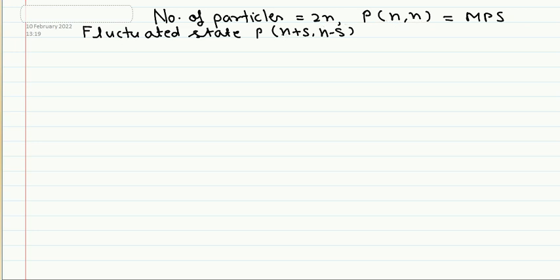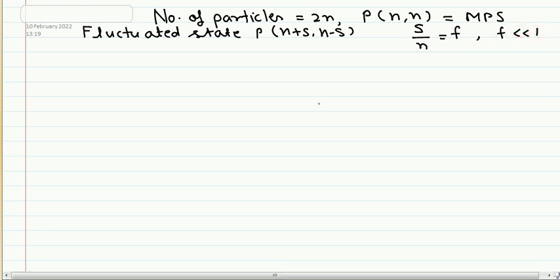So now the distribution is n plus s and n minus s. N plus s plus n minus s will be 2n, because the total will remain constant. So this is the fluctuated state, and we define the fluctuation as s by n. S by n is defined as the fluctuation f, such that f is very much less than 1.